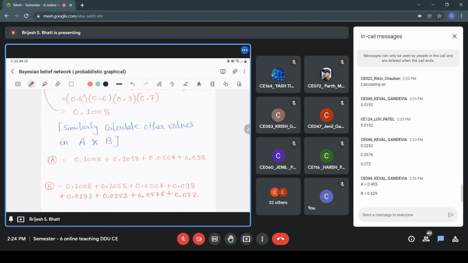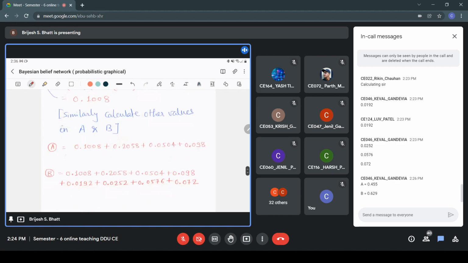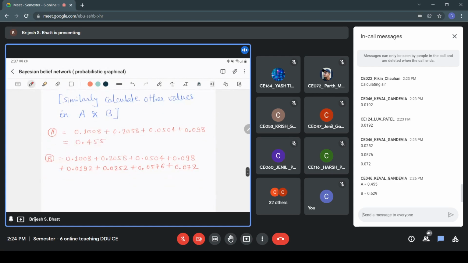Right? And that sums up to, what is sum of A? A is 0.5455 and B is 0.629.